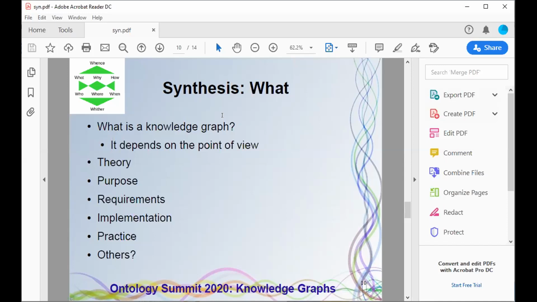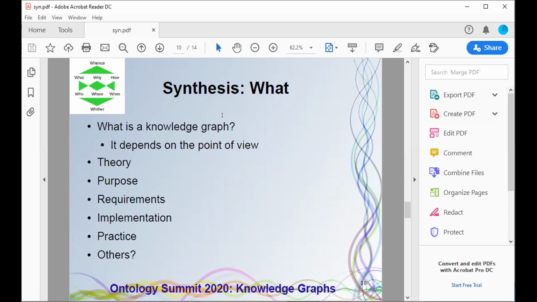So look at it abstractly, mathematically. You could look at it from the point of view of the purpose of knowledge graphs, or the requirements of what a knowledge graph should do for you. Of course, there are many who've looked at the implementation of knowledge graphs and saw that as being the primary way to define what they are.